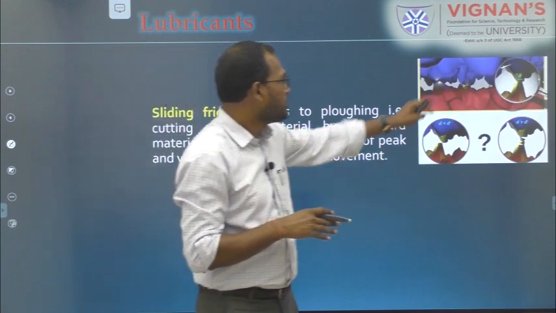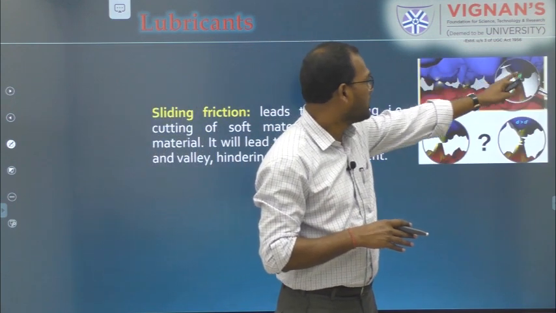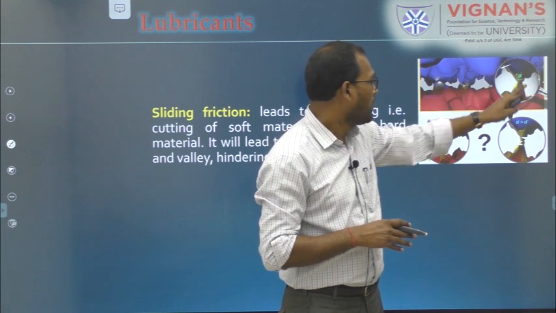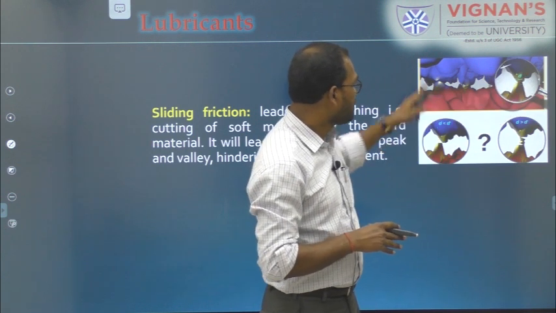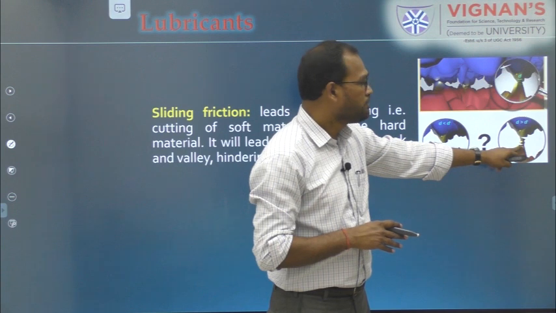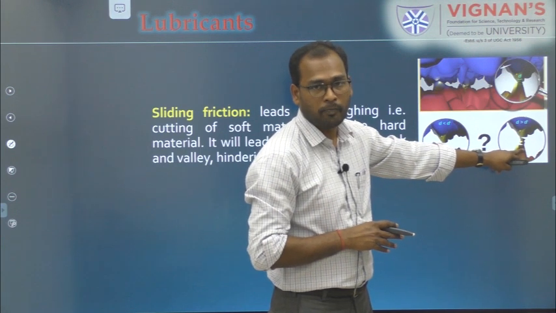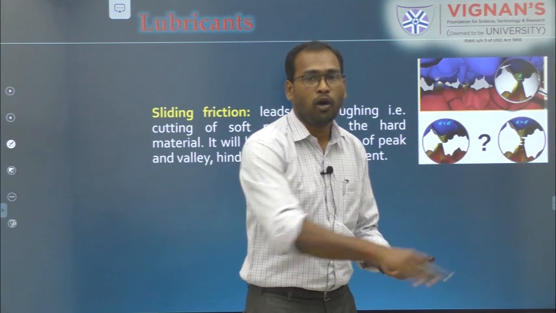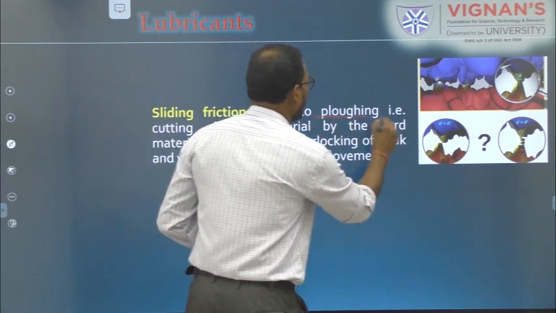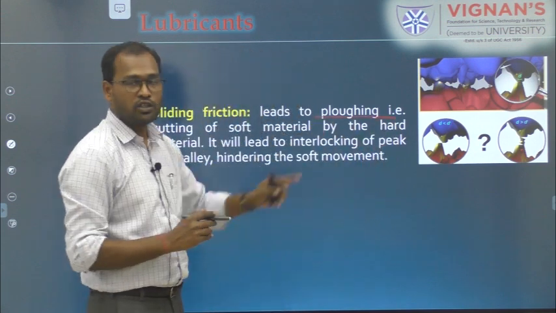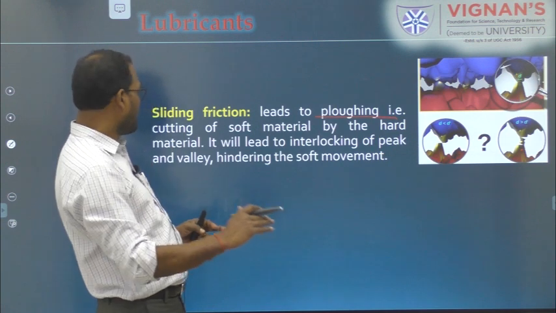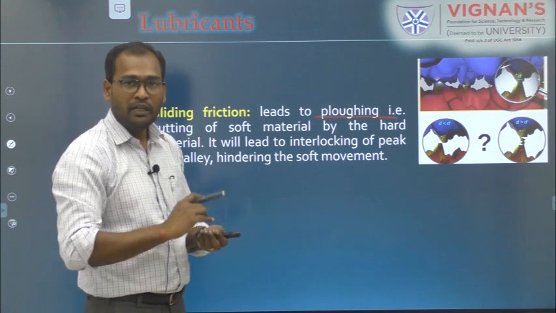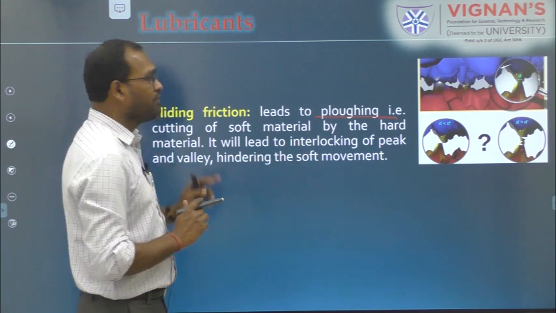You can see here, these are the two surfaces and these are the two asperities, highlighted there, and when this surface is moving, you can see here part of the material has been broken, right? So we call this ploughing, that is, cutting of the soft material by the hard material, and this will lead to interlocking of peak and valley, right?